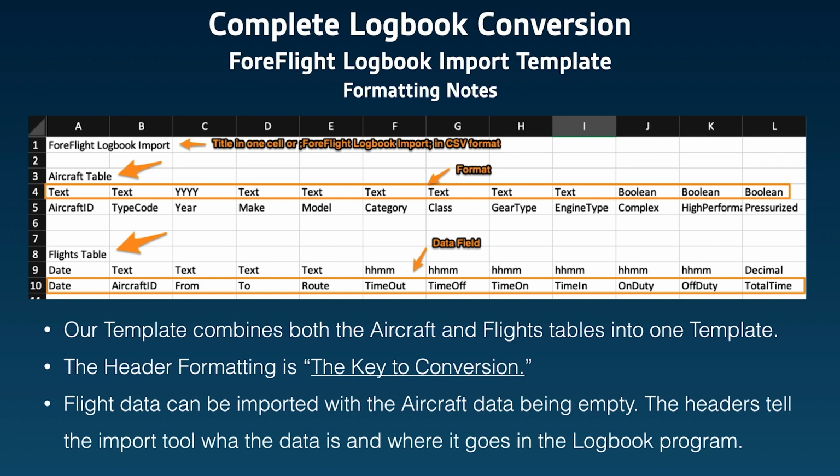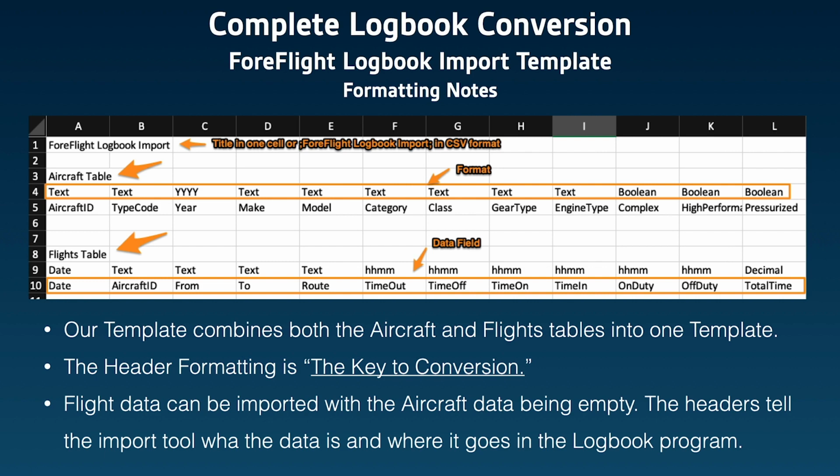And that could cause an error on your import saying that it doesn't recognize that as a properly formatted CSV file. If you run into that, you can simply delete the first line and not have ForeFlight Import tool as the first line, or you can just properly format it into one cell.